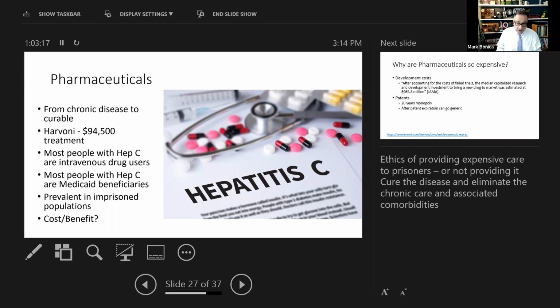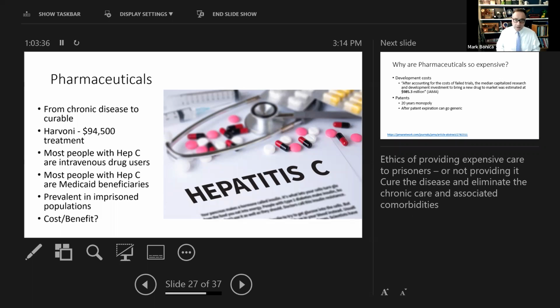Not all, but a large portion of the homeless population are also drug users. And then we see a high prevalence of hepatitis C in the prison population.